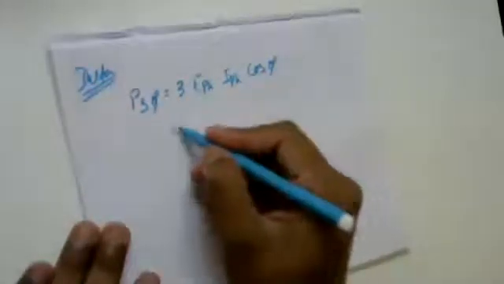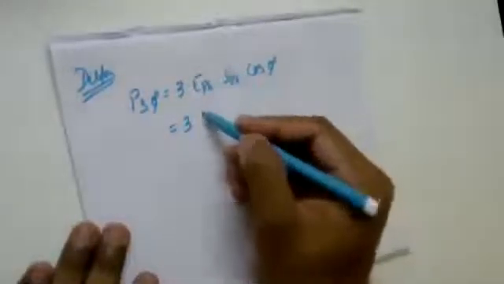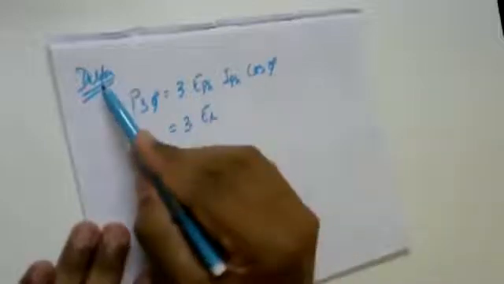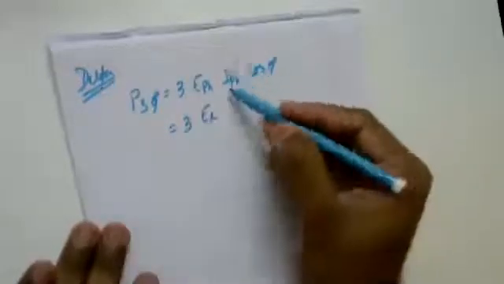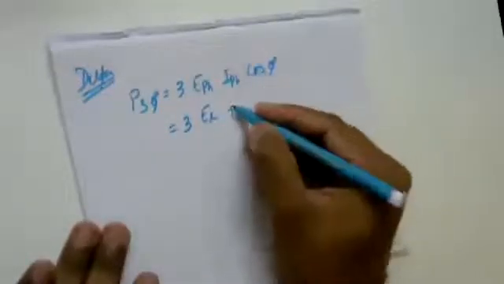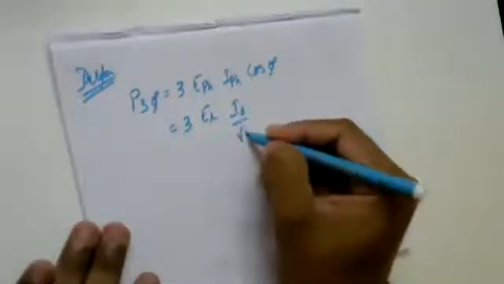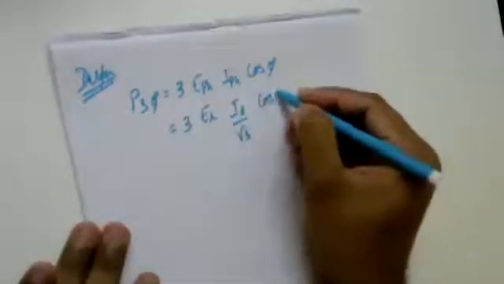Okay, now I'll keep this 3 as this. This E phase is equal to EL in case of delta. Then I can write this I phase as IL by root 3 into cos phi.